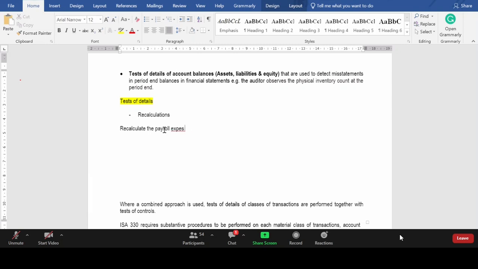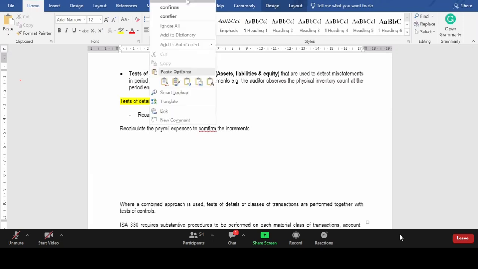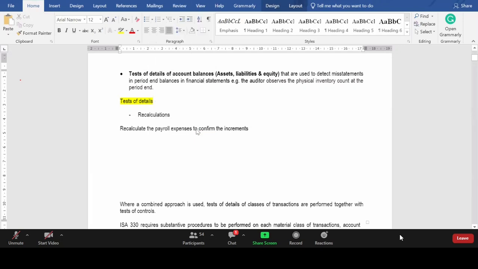You can calculate the payroll expenses, confirm the increments. You want to confirm the increments. So you can recalculate the payroll expenses, e.g., you can recalculate the deductions, e.g. NSSF, the statutory deductions.